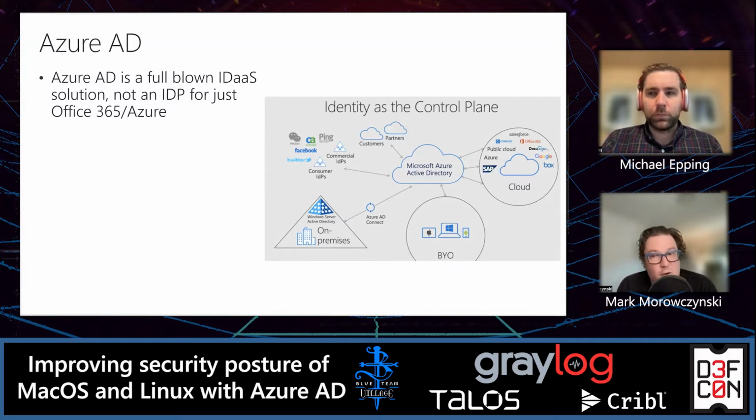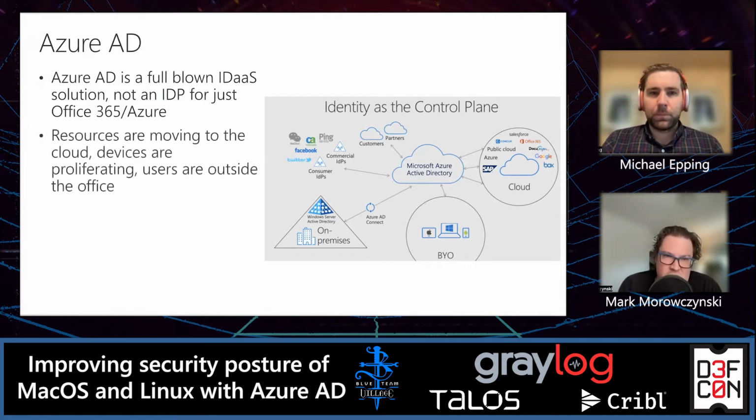So if you have any specific questions about Azure AD, feel free to reach out to Michael and I either on Twitter or in the chat. But for now, just as a high level, it is the IDP for Office 365, Azure, and a bunch of other things as well. Now, something that we saw with a lot of our customers that definitely got accelerated with COVID was that users were looking to work more outside of the office.